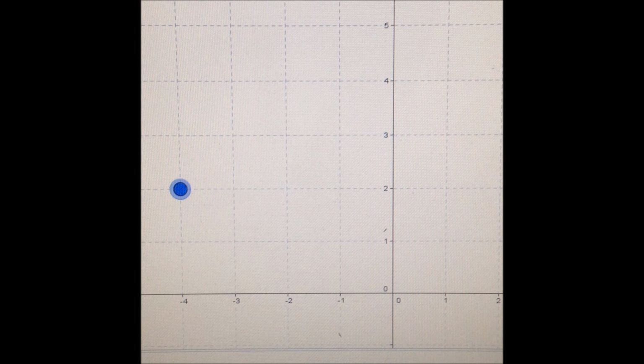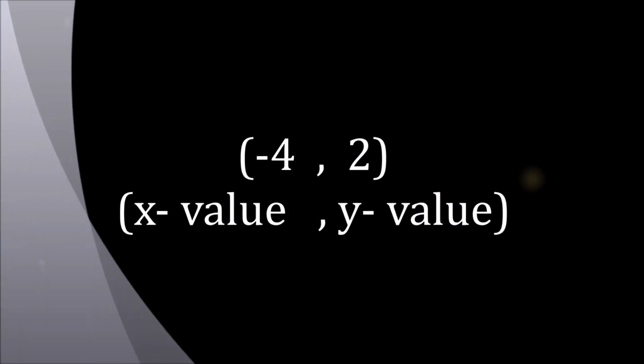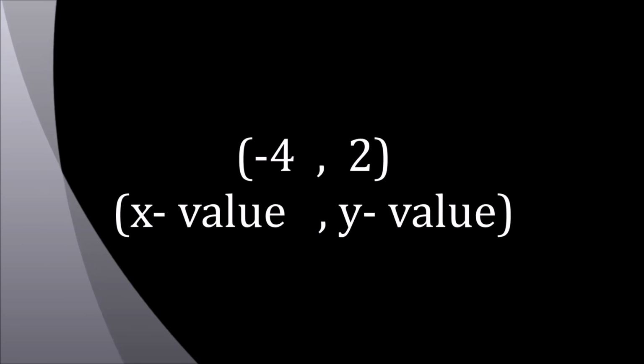So hopefully you have now all discovered that the point on the screen is actually the point -4, 2. -4 is the x value and 2 is the y value.